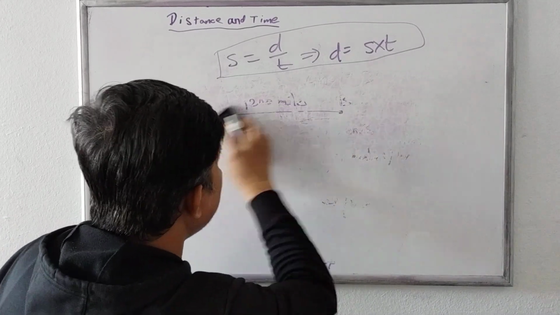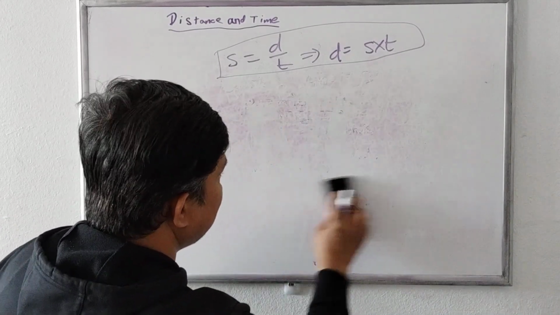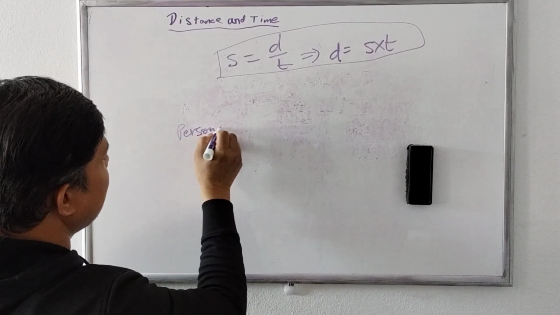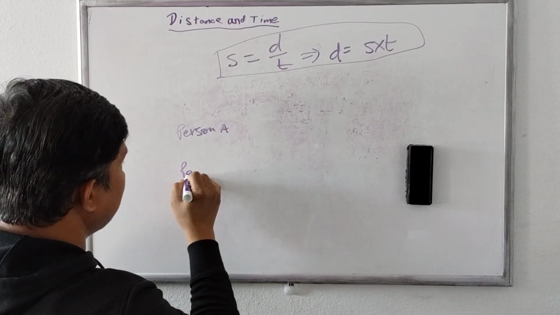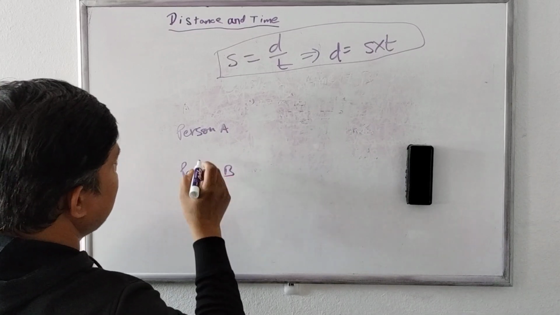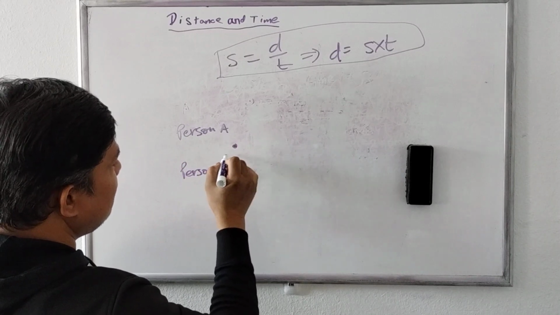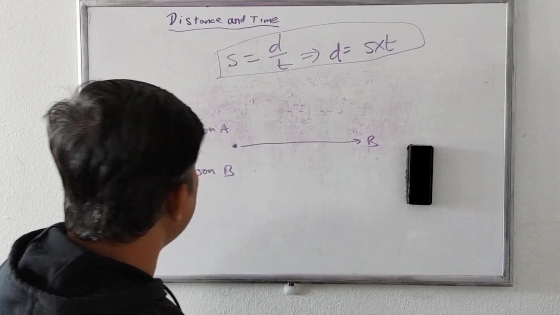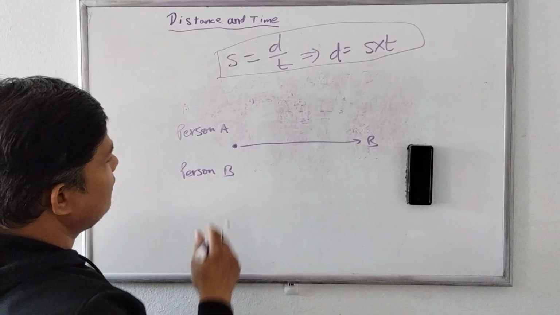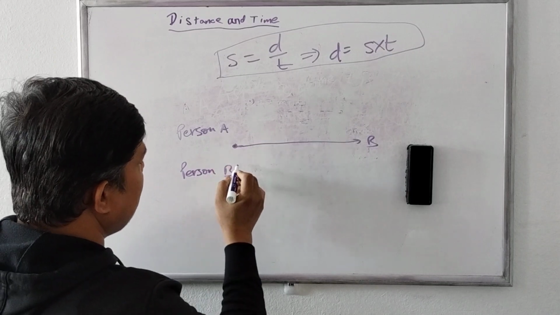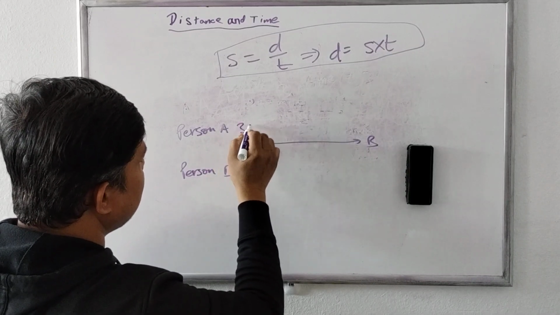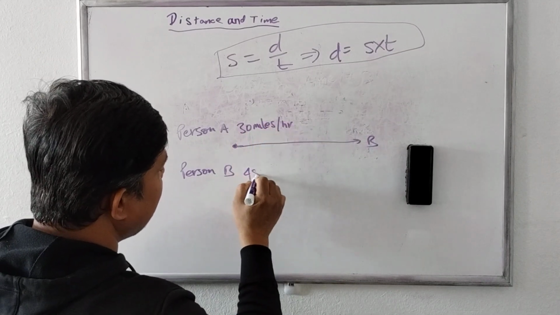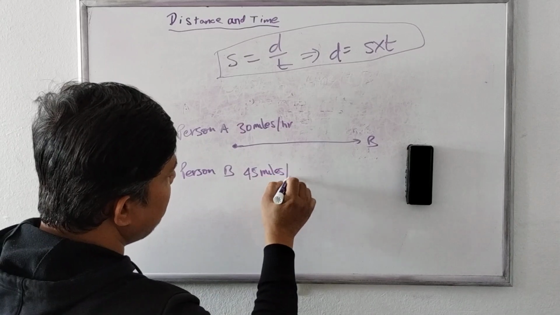Okay, now let's take another example. Person A and person B start from one place going to another place B. Both are driving a car, and this person is driving at, let's say, 30 miles per hour, and this person is driving at 45 miles per hour.